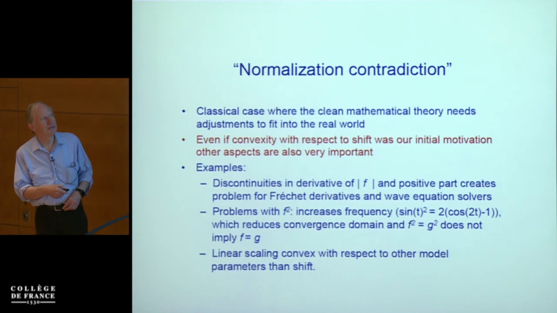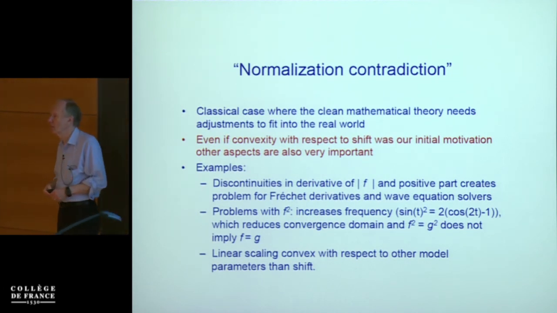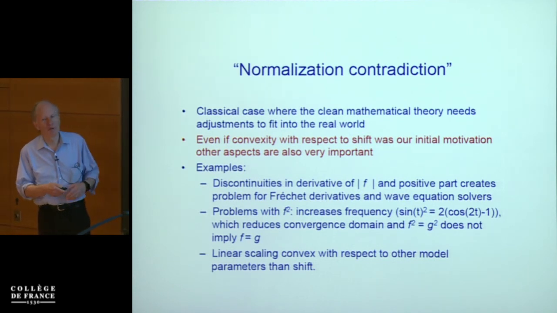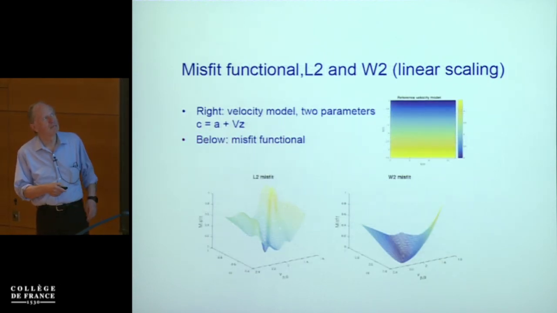On the other hand, the linear scaling that failed the test of convexity when you do a shift is pretty good in other tests.